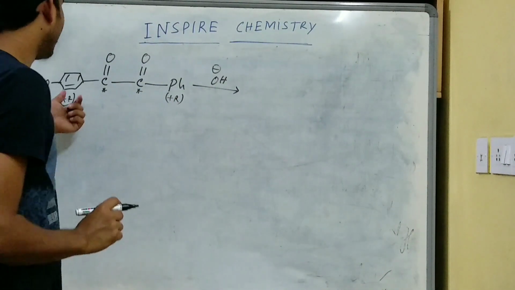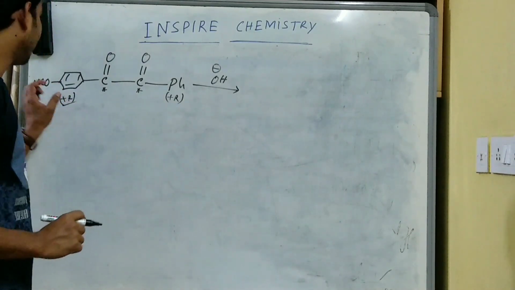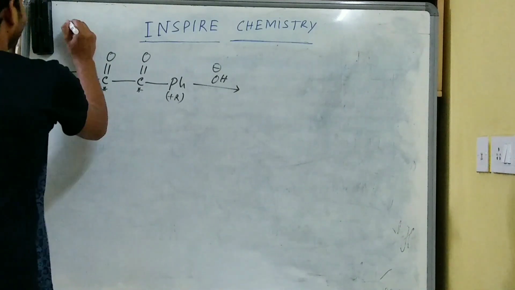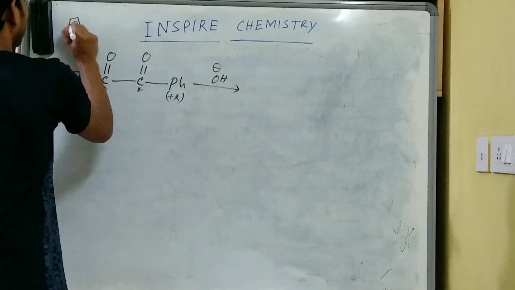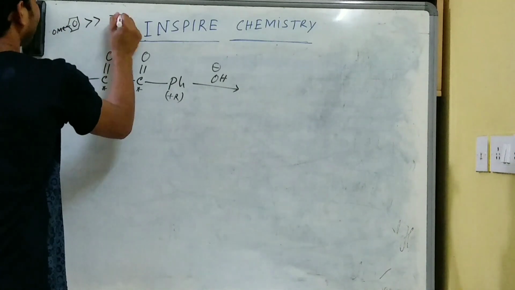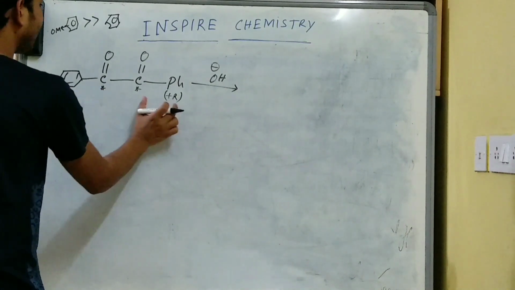We know that when an OMe group is present at the para position of Ph, this plus R effect will be very much greater. OMe is very much greater than Ph; these have more plus R effect than this.